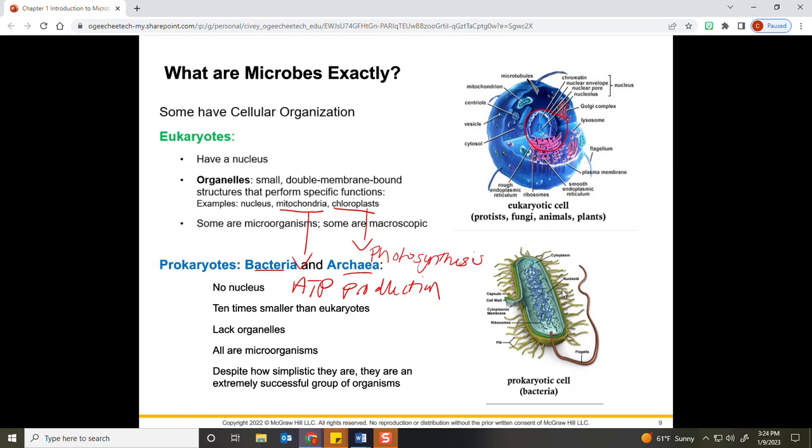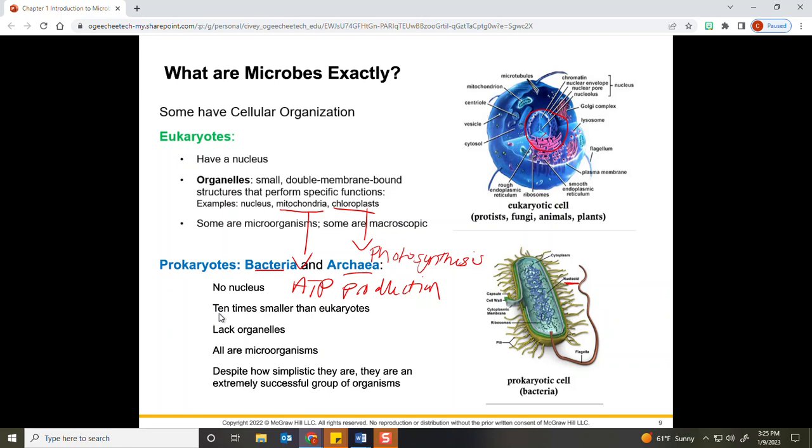Instead, the DNA is found in the nucleoid region. So we can see all of this blue spaghetti looking stuff. That is the DNA, and it's just going to be found dispersed throughout the cell in a region called the nucleoid. It is not membrane bound like it is inside of a eukaryotic cell.